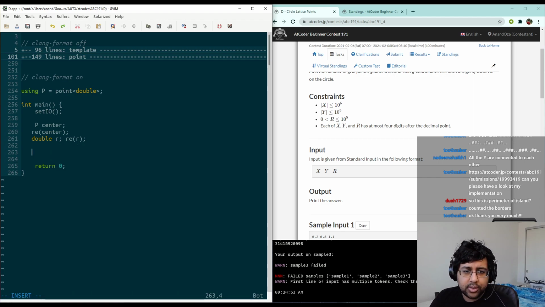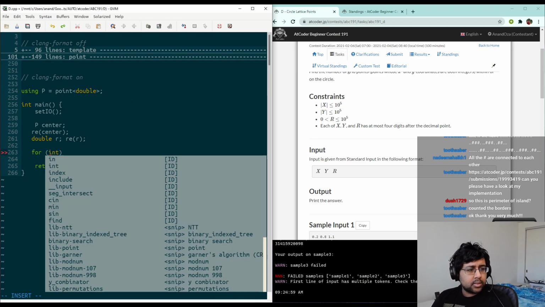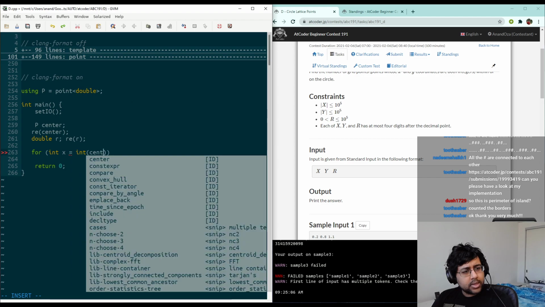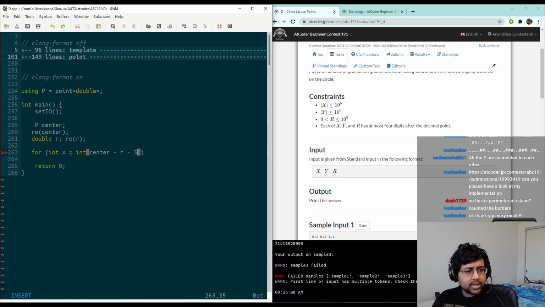So I guess what we want to do here is try all the x values. Center minus r, let's say -5 as well. Well, maybe that's not necessary, but we'll just try it.